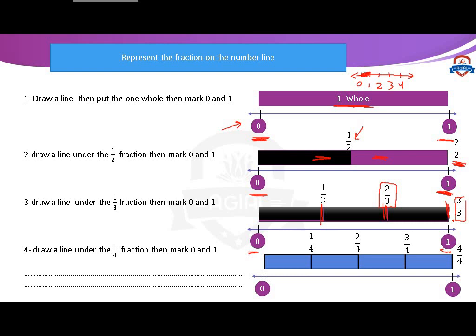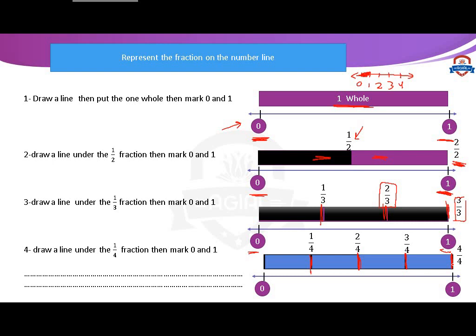Number 4, draw a line under the quarter fraction, then mark 0 and 1. If we have one whole like this, here we will divide it into 4 equal parts: 2, 3, 4. The first part is called a fourth or a quarter.